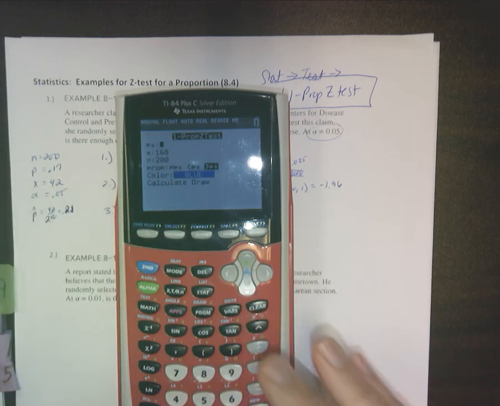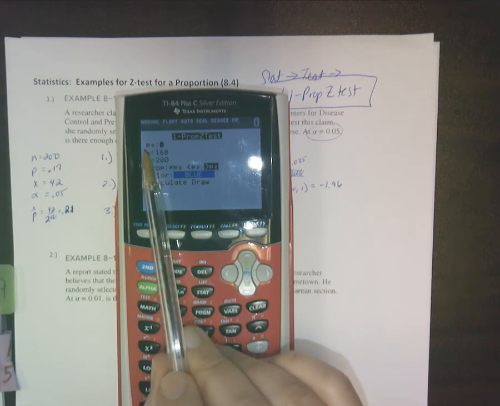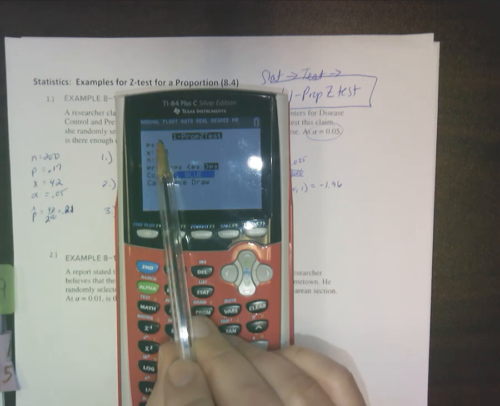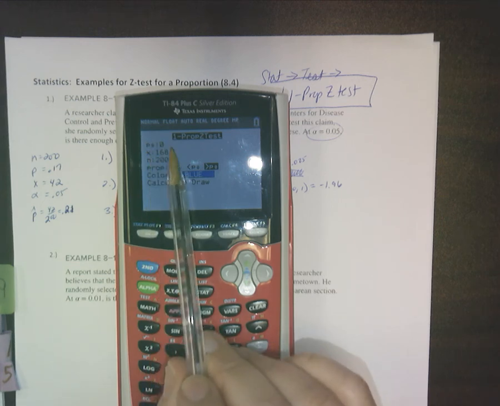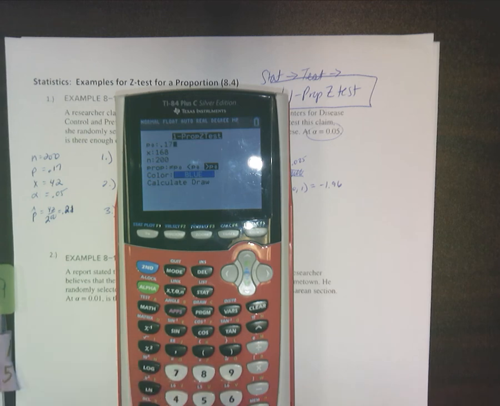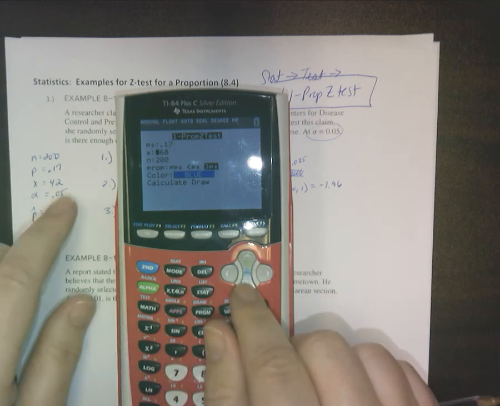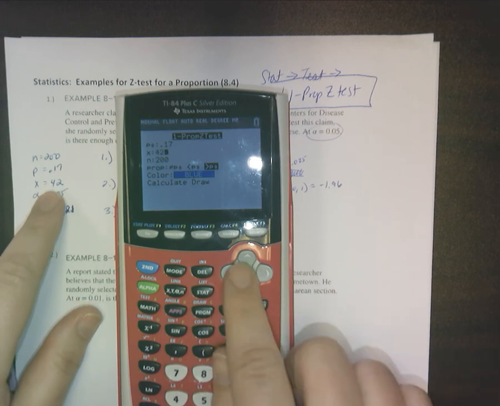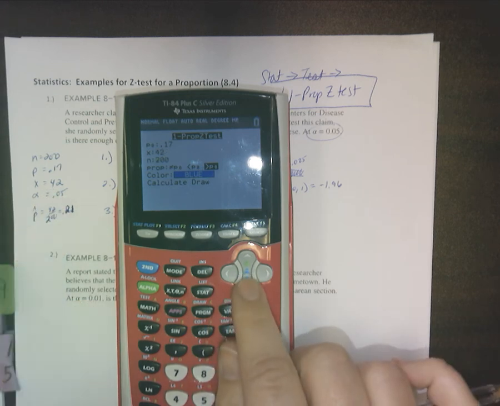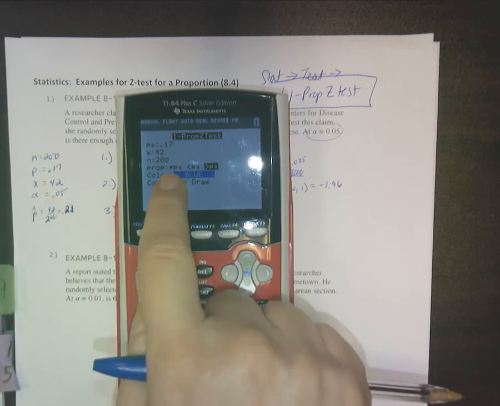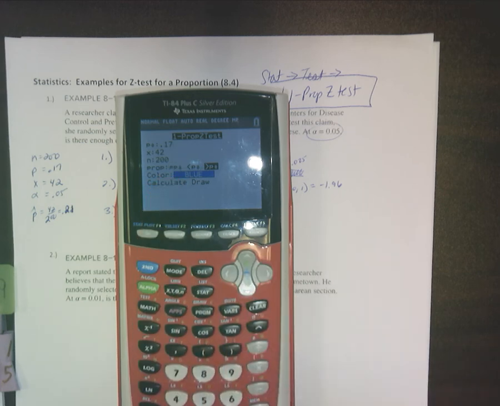We're going to type in our population proportion, which in this case is 0.17. Our X was 42. Our N was 200. We are going to choose the not equals to, and we're going to hit calculate.